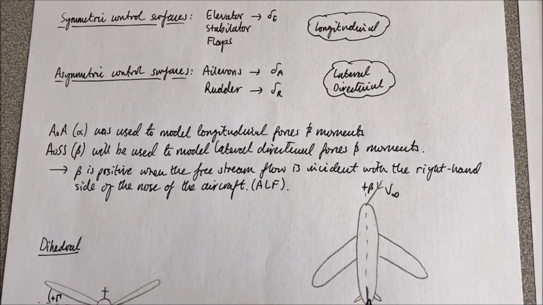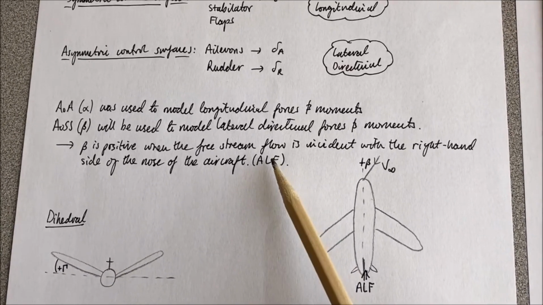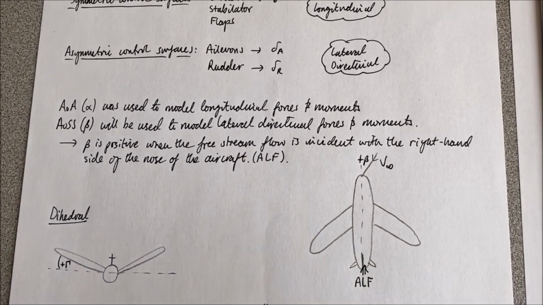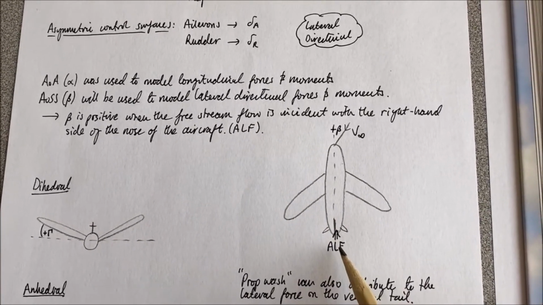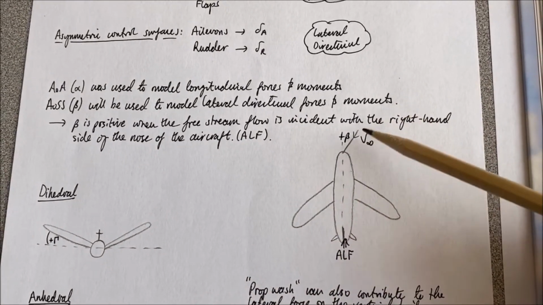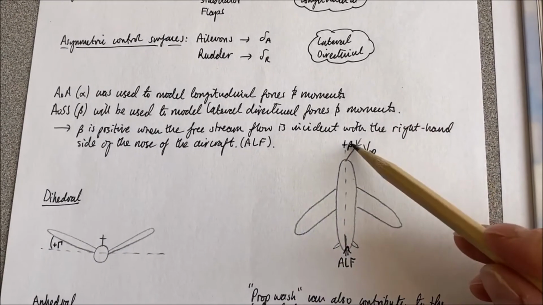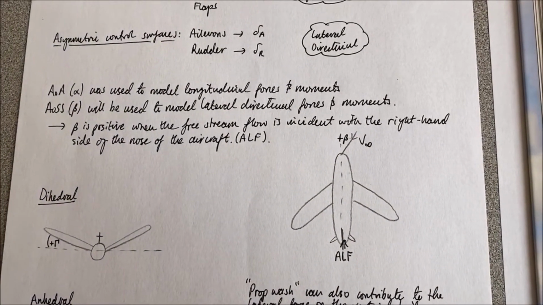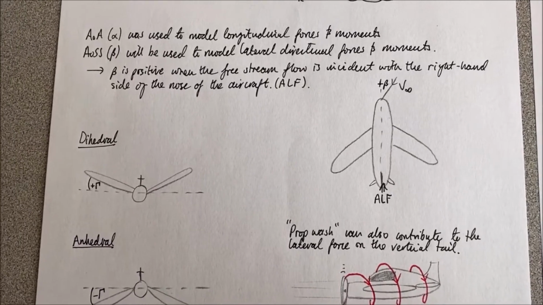And I can't remember whether I've introduced this notation before, ALF, for aft looking forward, right? So aft looking forward, side slip hitting the nose of the aircraft from the right hand side is positive beta, okay?